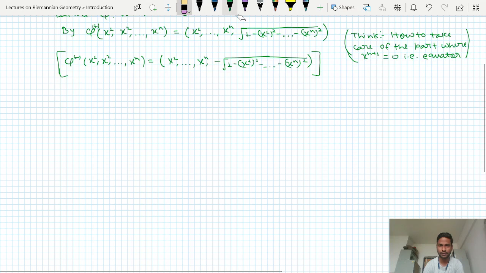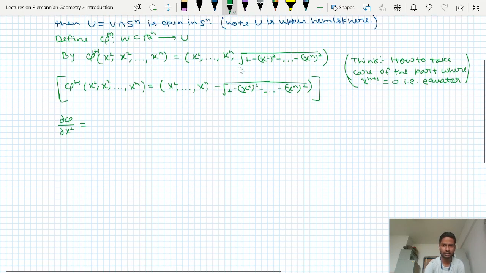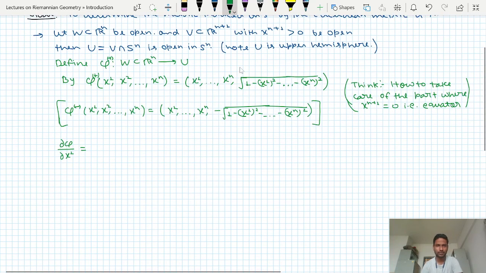So let's first calculate del phi over del x1. This is just a partial derivative and I am working with the parameterization of the upper hemisphere, that means phi plus. So what will be the derivative? I'm doing it with respect to x1. So with respect to x1, this will be 1 and all the others will be 0.